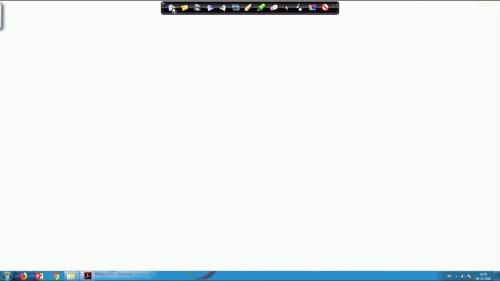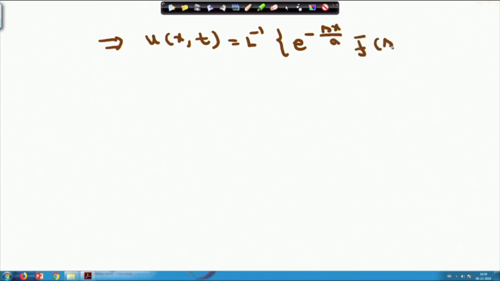Now, the third step is, from this you can always write down, using the inverse Laplace transform, u x t equals Laplace inverse of e power minus s x by a into f bar s.